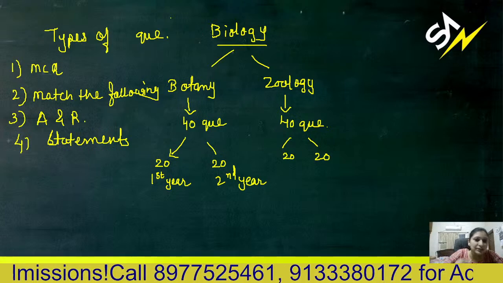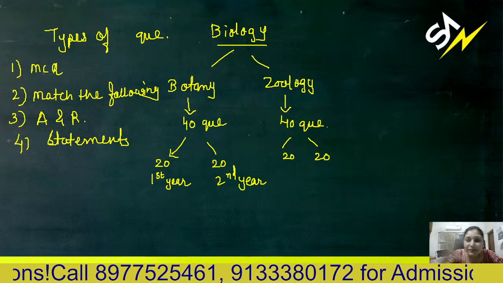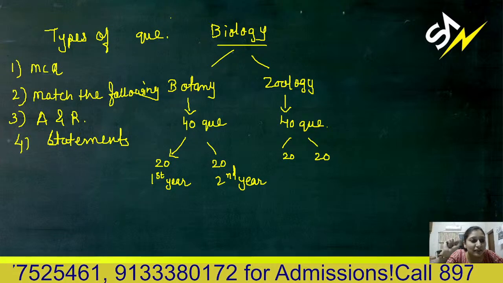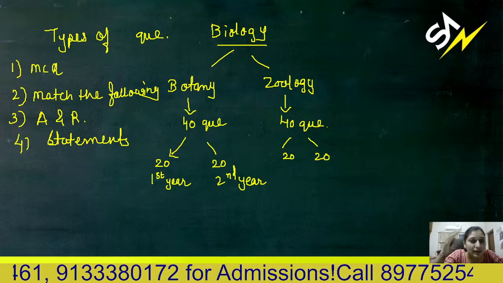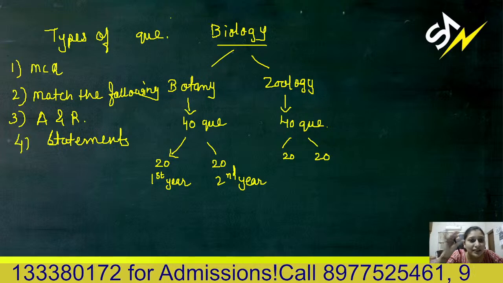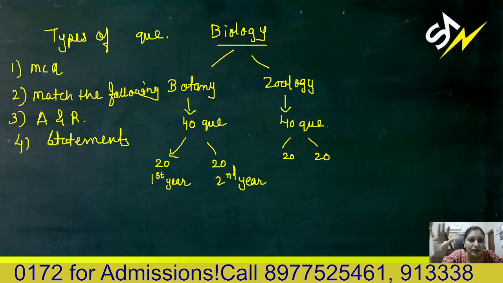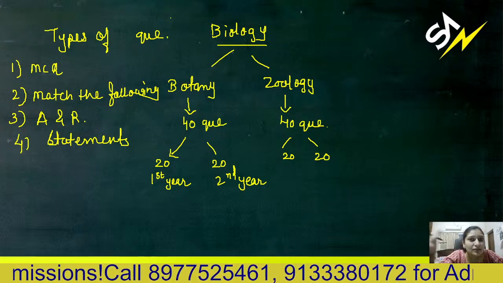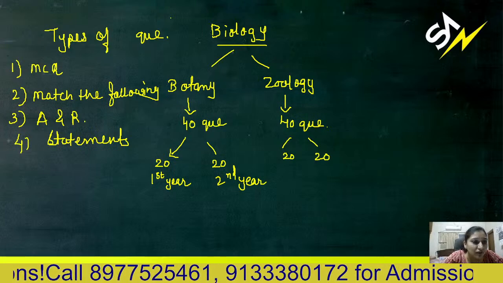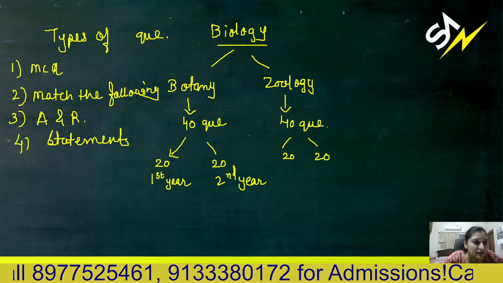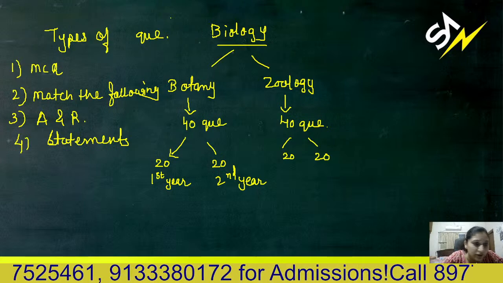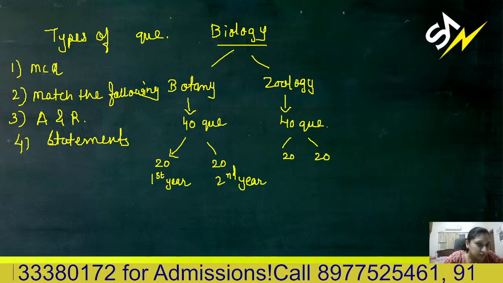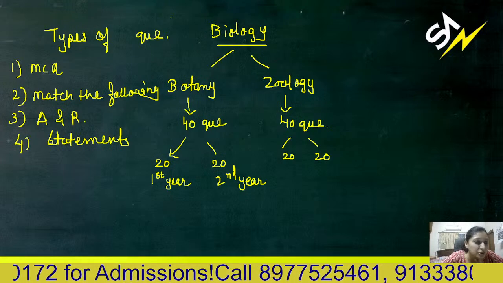See, for example, they have given a statement. Two statements are given in your question. Then they'll ask whether the assertion is true or not, and whether the reason is the correct explanation for the assertion or not. Either both are true or both are wrong. So you will get 4 options for sure.